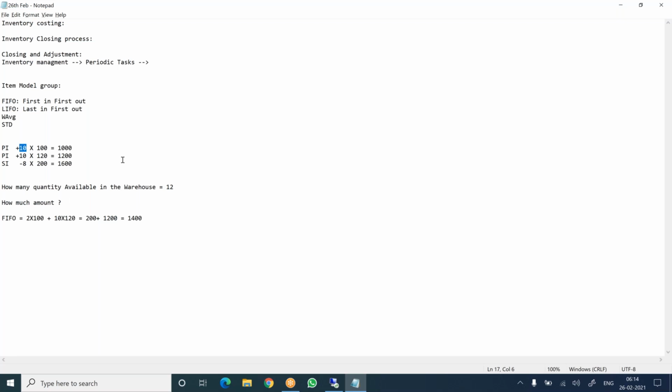I cannot predict. Here FIFO means for valuation only, to calculate; which item he picks from here or there, I don't know. Agree with me?